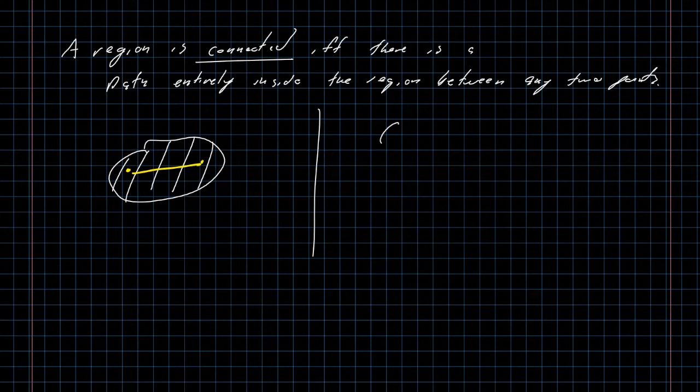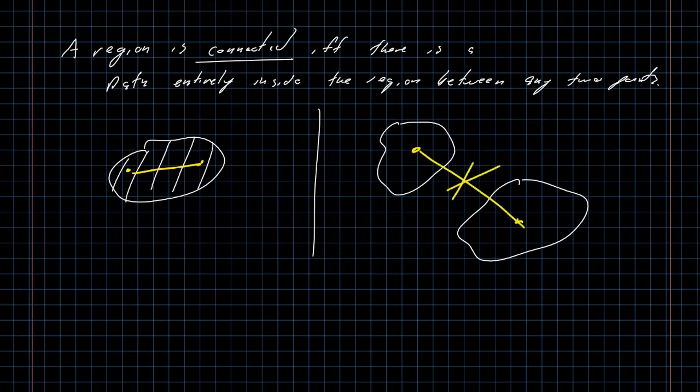Compare that to this region. To draw a line between these 2 points, you have to leave the region. Now, that's not to say that because you can leave the region is a problem, right?